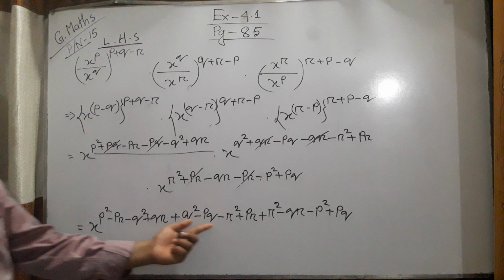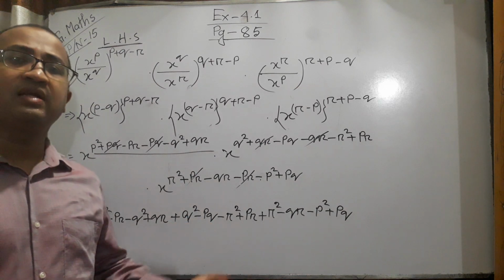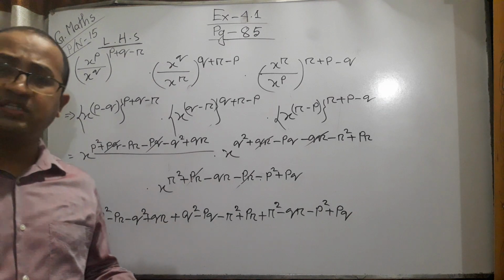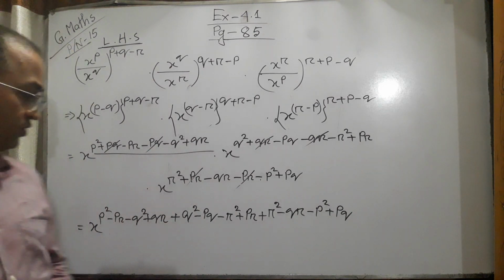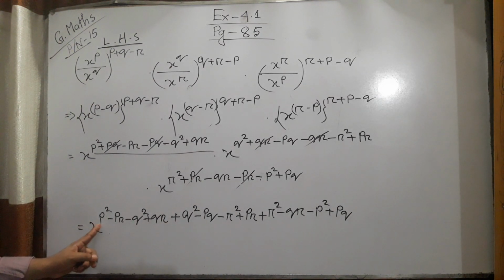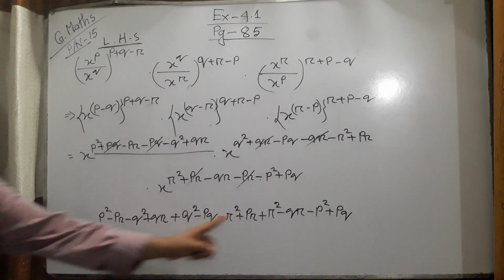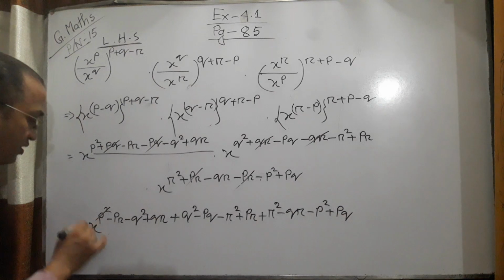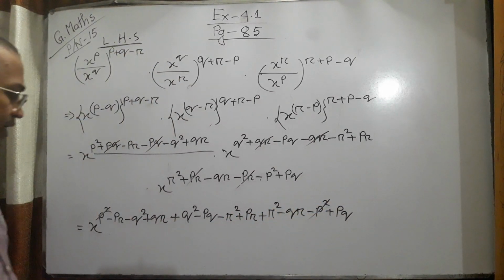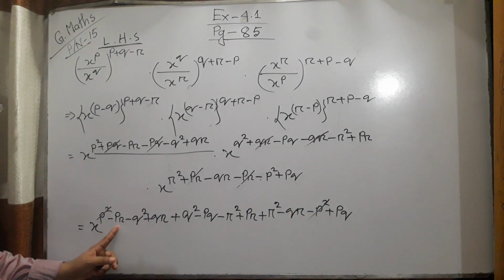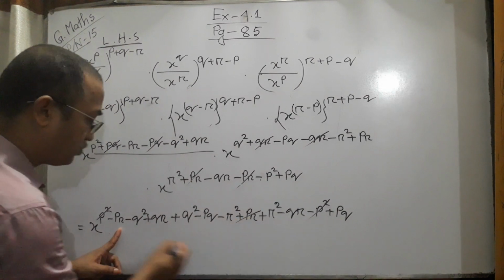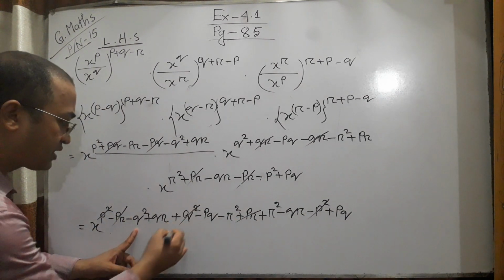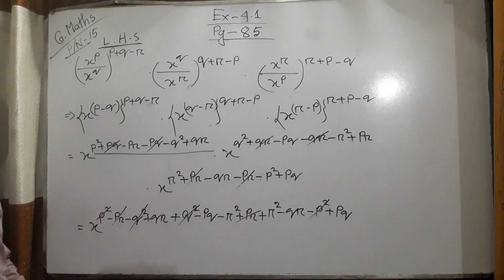Now just search for similar terms. If they are similar terms and opposite in sign, we can cancel. Look, plus p square here, there is minus p square, we can cancel it. Again, minus p here, there is a plus p here, we can cancel it. Minus q square, there is plus q square, we can cancel it.